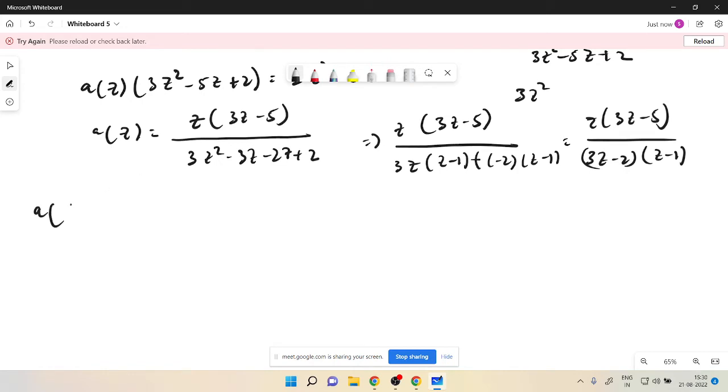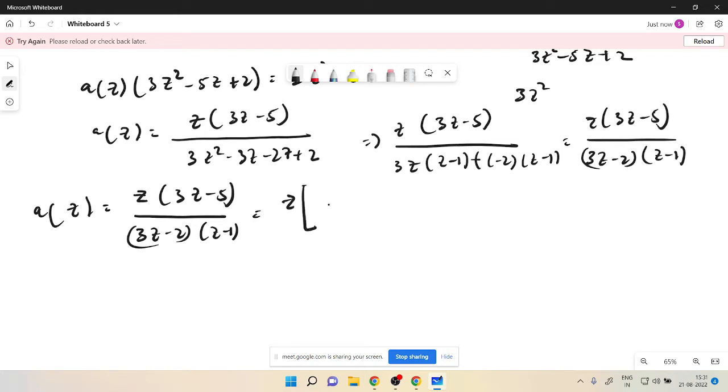So A of z is basically z times 3z minus 5 by 3z minus 2 into z minus 1. I guess we can substitute it this way.